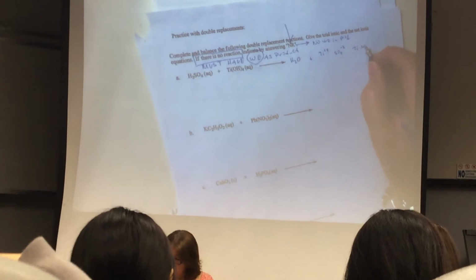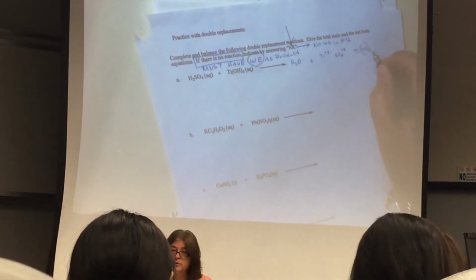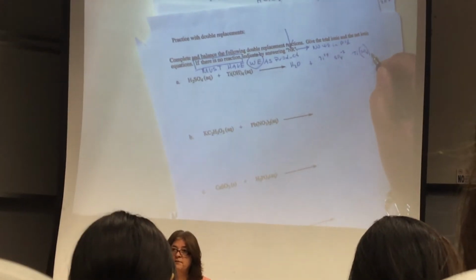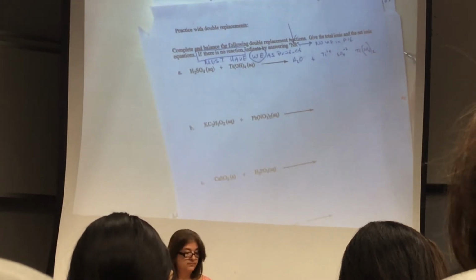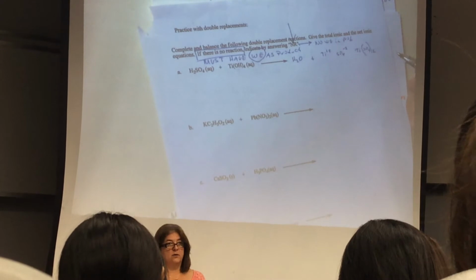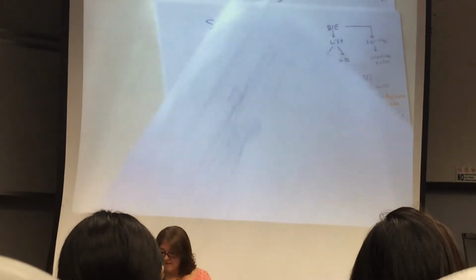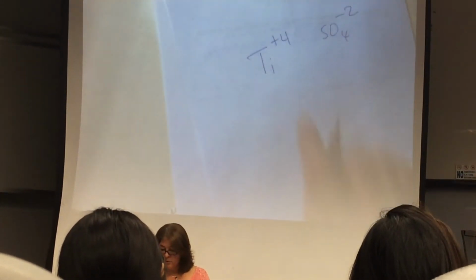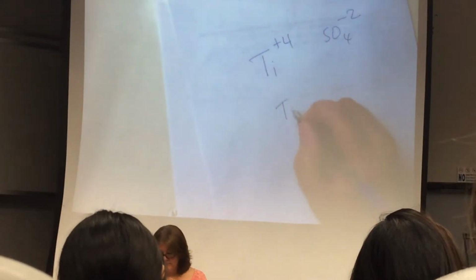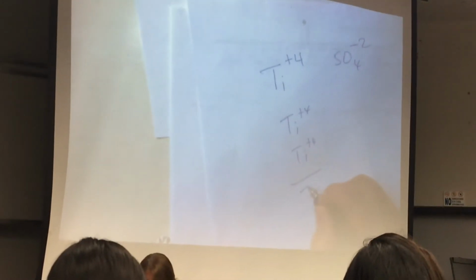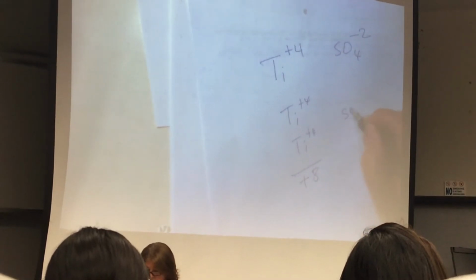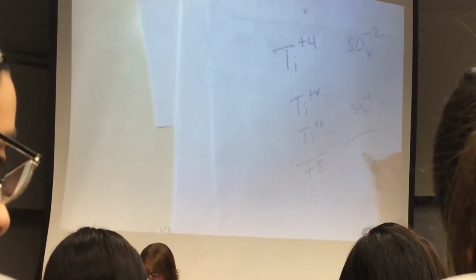Okay. Where does the subscript go? On the sulfate, with a parenthesis. Is that correct? Okay. What happens if you put a subscript of 2 on the titanium? You have a total of +8, and that would not be electrical neutrality.